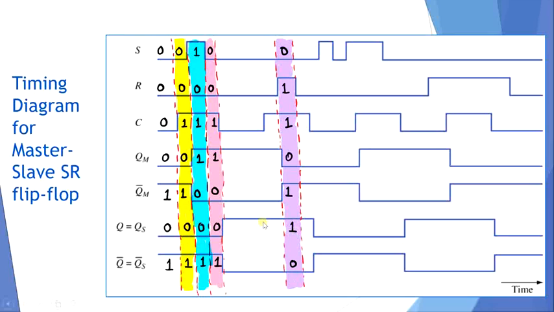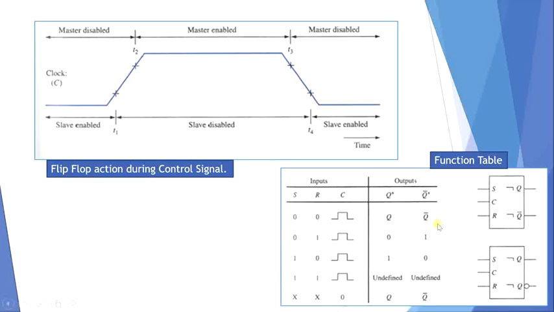So whatever is the previous state, the same thing has to be continued. If you observe for the entire time duration, the previous state was equal to 1 and 0. That is why for this part of the signal, the output will be equal to 1 and 0. So this way you will be able to compare the timing diagram with that of the function table.